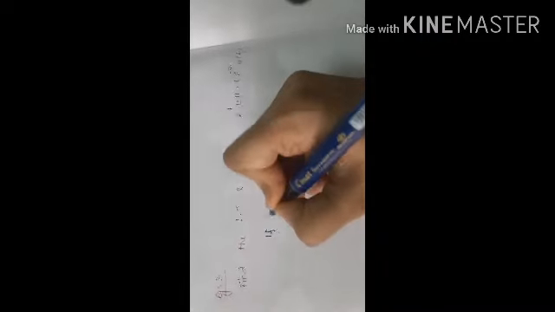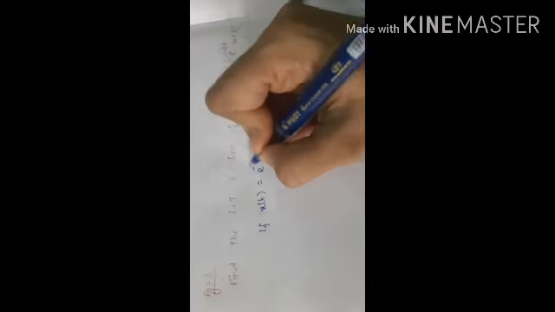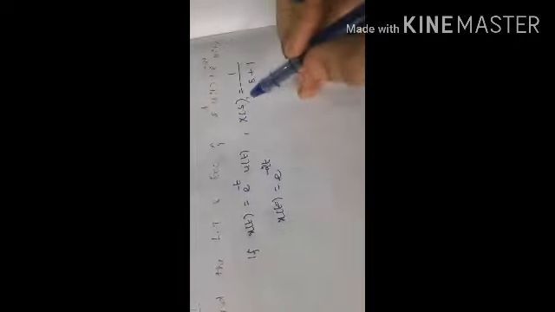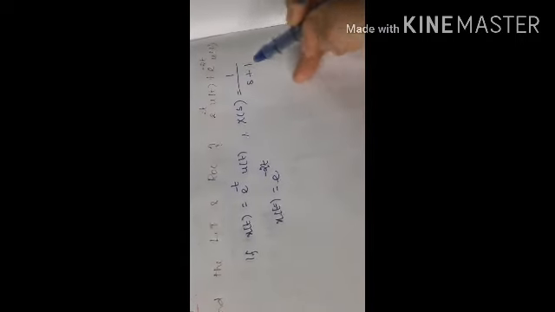If x of t is equal to e power minus t u of t, then x of s will be 1 by s plus 1.